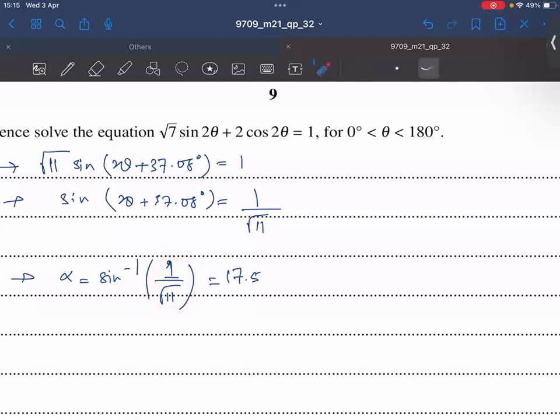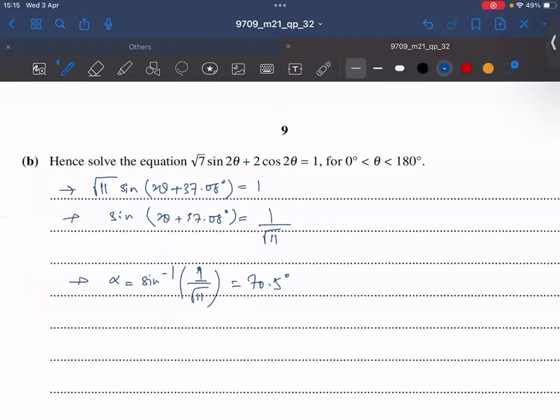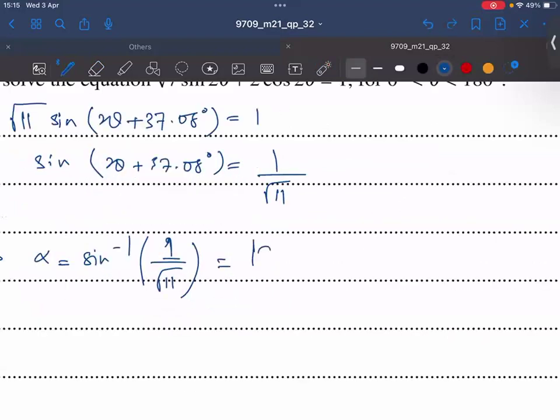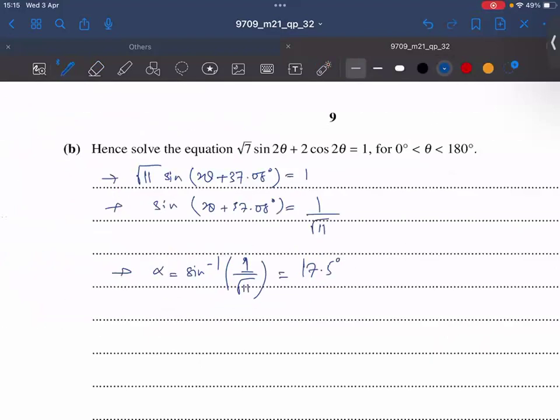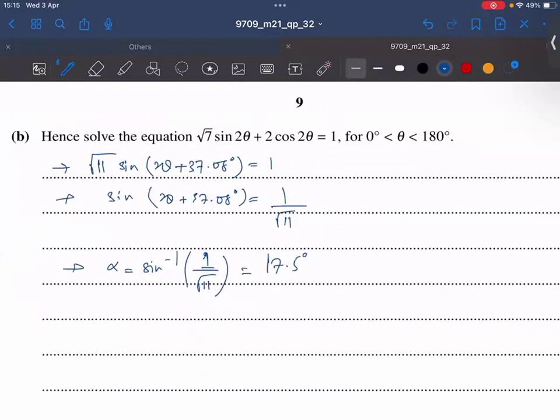Yes, sine inverse of 1 over square root of 11. Okay, 17.54, 17.5 degrees.